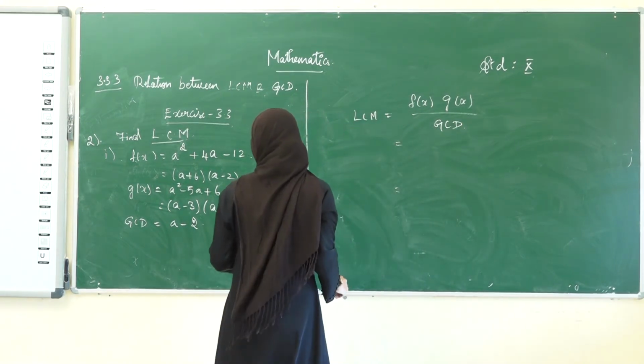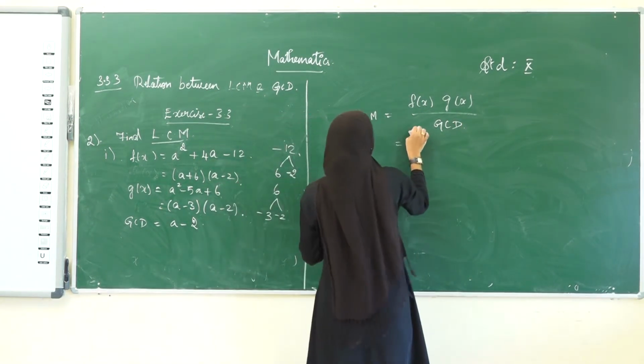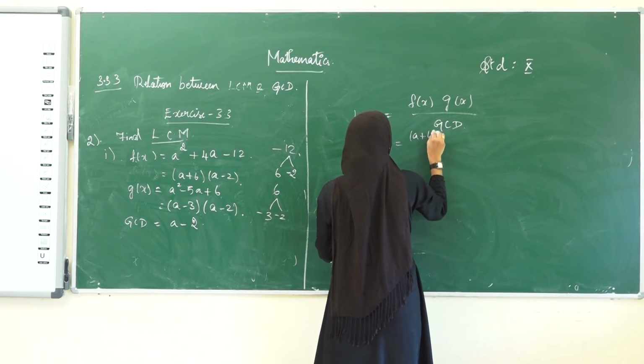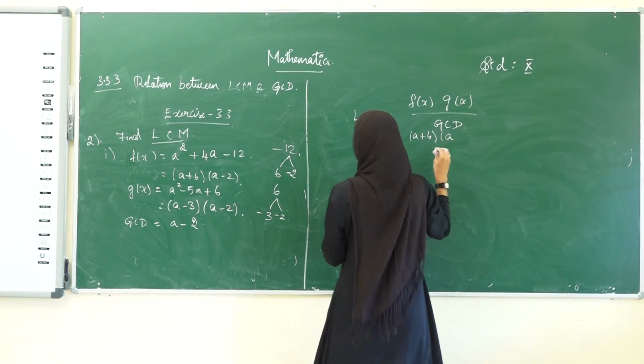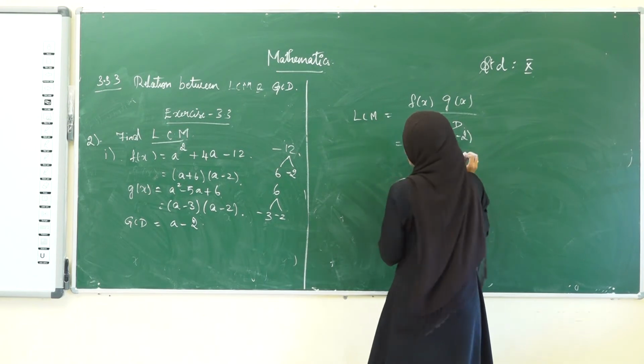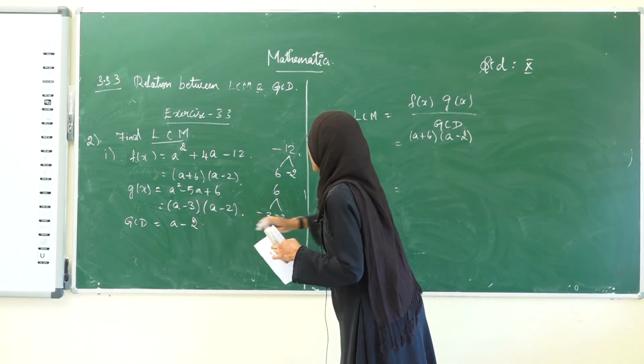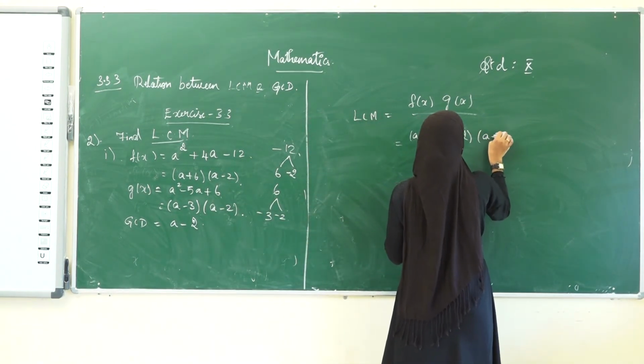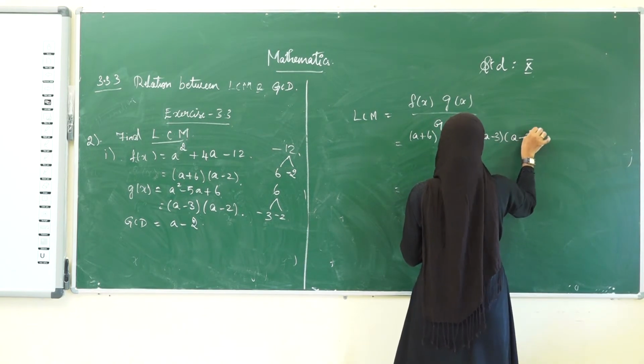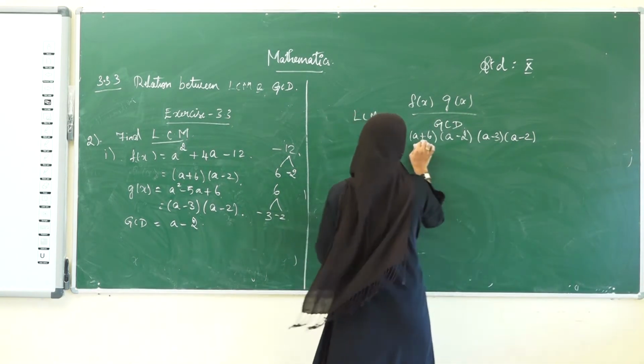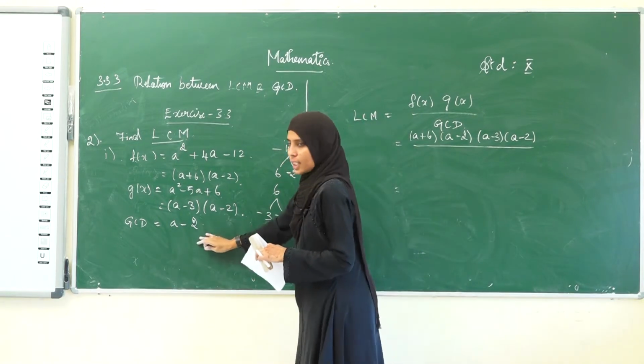Okay, what is f of x here? We have expanded it as a plus 6 into a minus 2, and g of x we have expanded as a minus 3 into a minus 2, divided by GCD. We know the GCD they have given in the question.